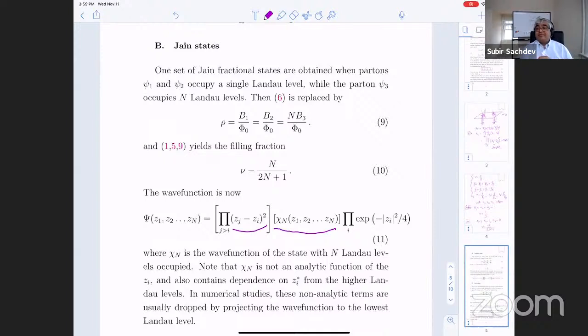Okay, I think that's 4 o'clock, so I will stop there. And then we'll finish the Jain states theory next time, and then I want to start really, in some ways, the most spectacular of the fractionalized states, which is the non-abelian Ising state of Kitaev.